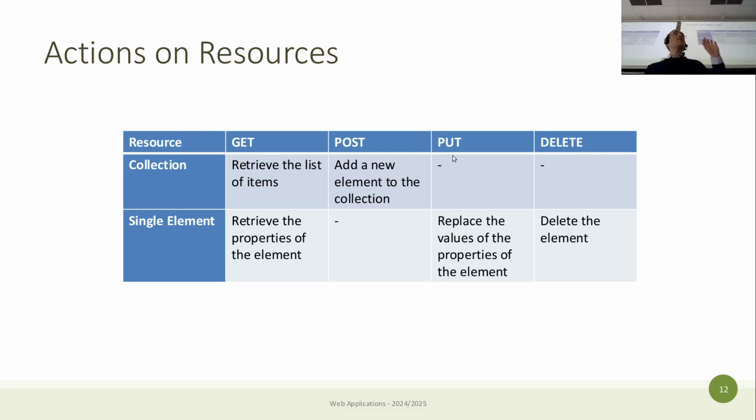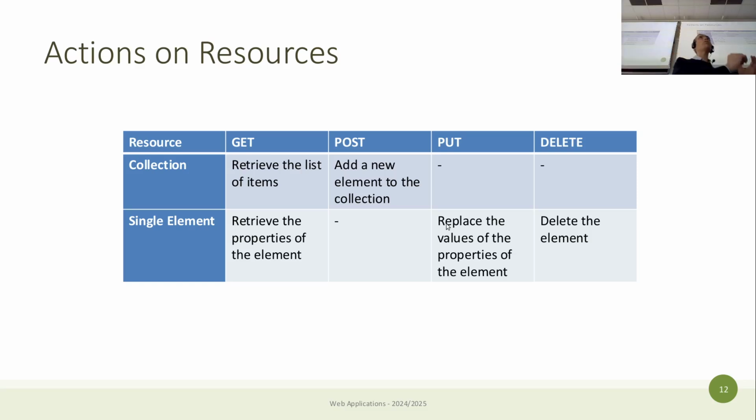Put, we say it's for updating information. Well, we don't really want to update a whole collection of stuff. I mean, in principle, it could be done, but we typically update information only on a single object, one object at a time, one item at a time. And so we replace and we update the values of properties, one or more properties of a single element, okay?